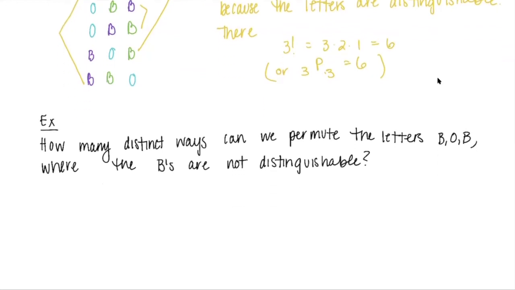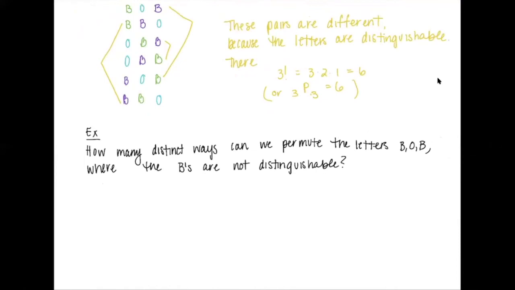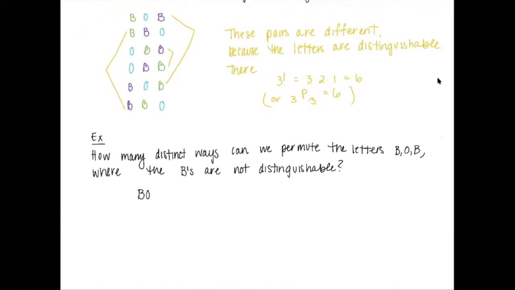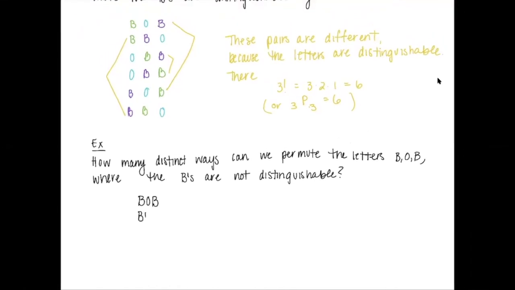From this ordering, I've got the word BOB itself, I've got BBO and OBB. So I end up cutting the second pairing down. So there are 3 ways.